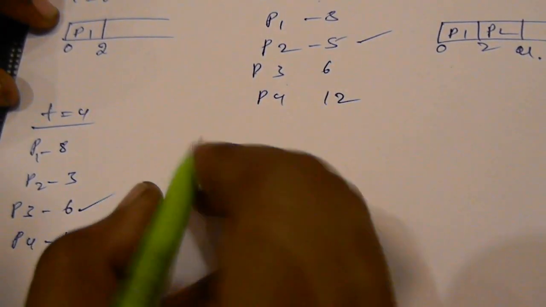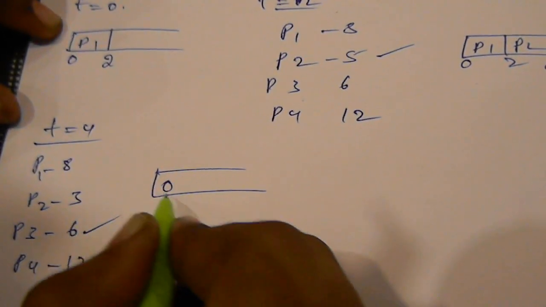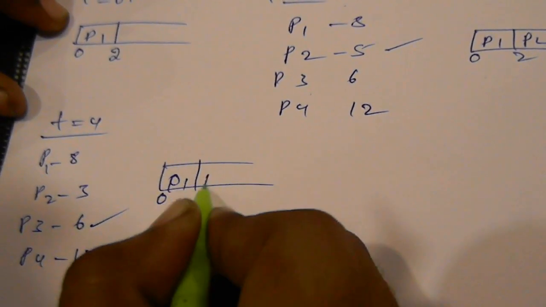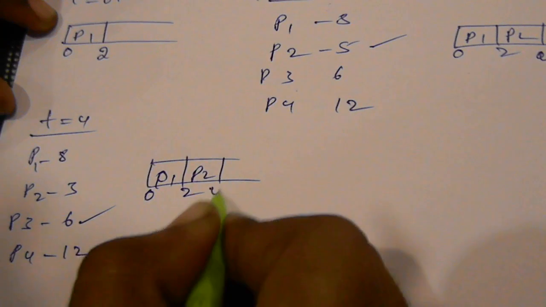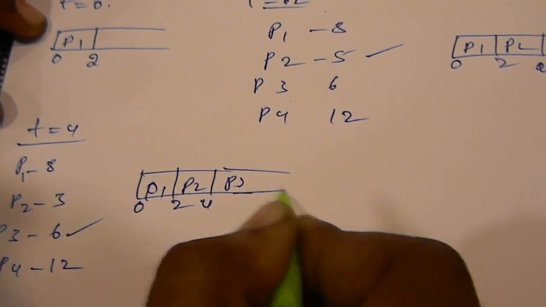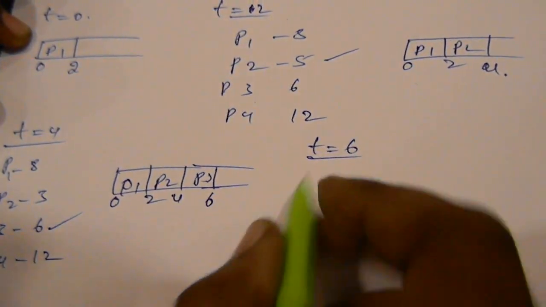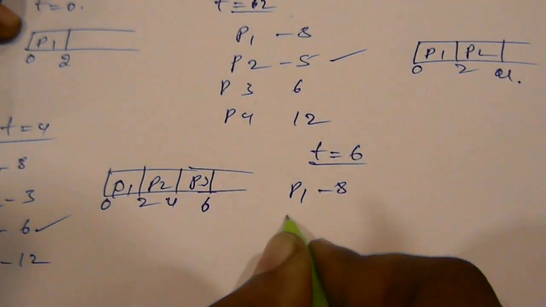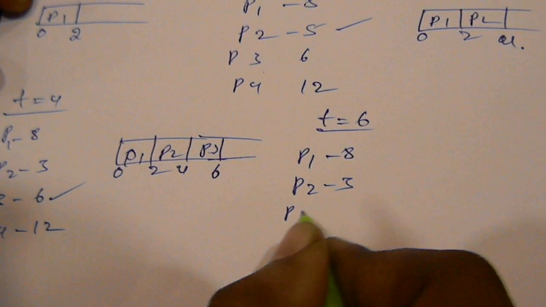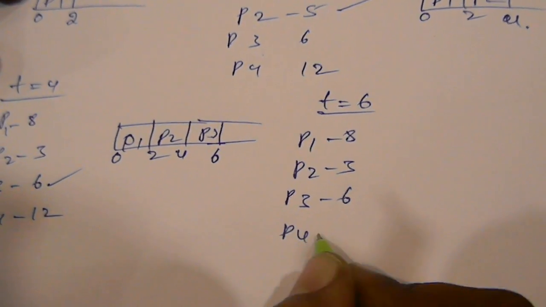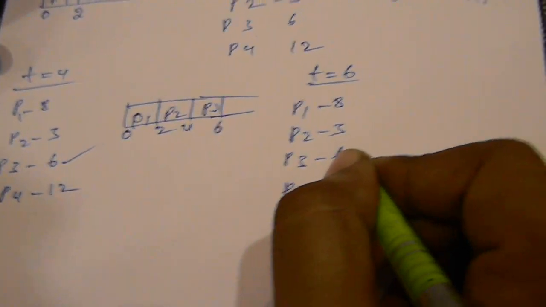Now P3 will execute only 2 milliseconds, and at t equals 6, P1 8, P2 3, P3 4, P4 12.